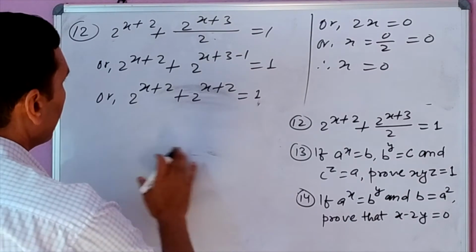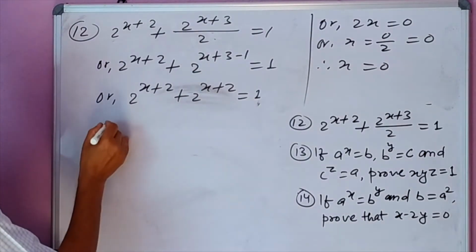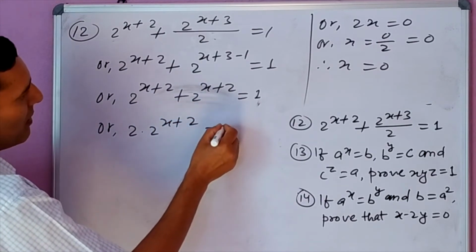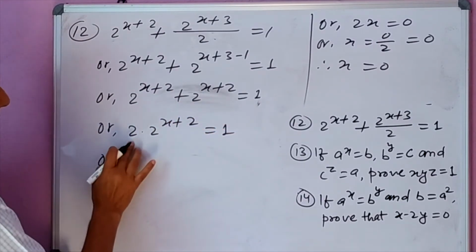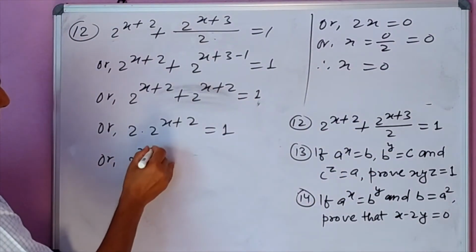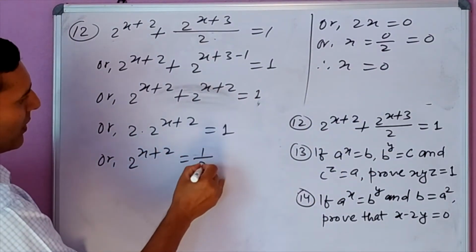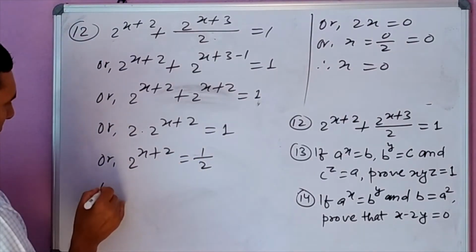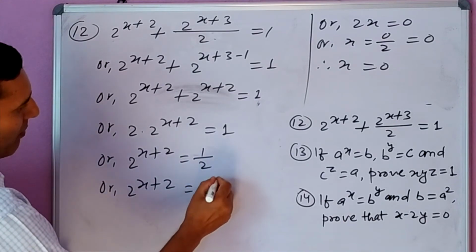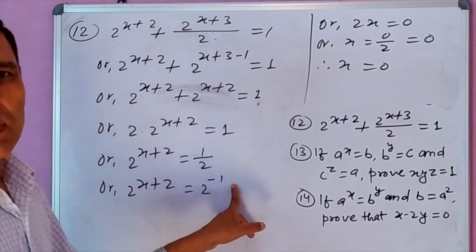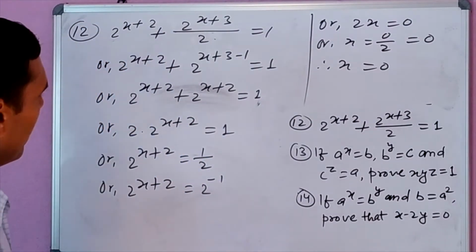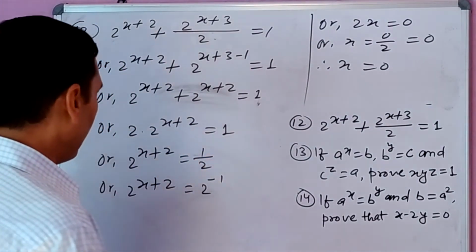Similarly, 2 to the power x plus 2 plus 2 to the power x plus 2 is 2 times 2 to the power x plus 2, which is equal to 1. If you send this 2 to the other side, 2 to the power x plus 2 is equal to 1 upon 2, or 2 to the power minus 1. When you bring this 2 to the numerator from the denominator, it has power 1, so it becomes 2 to the power minus 1.